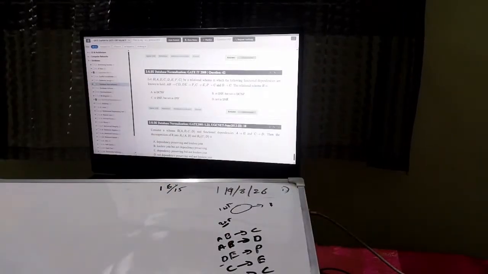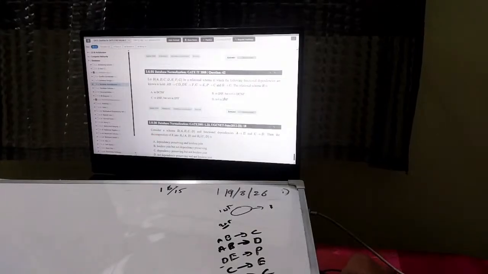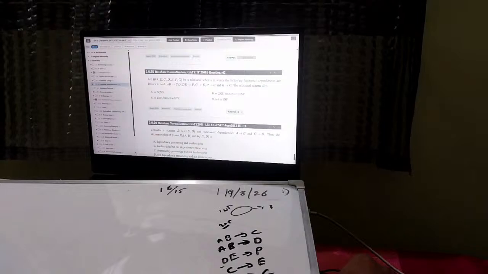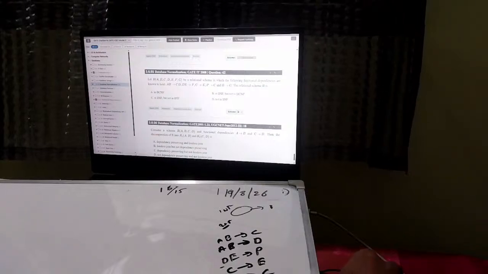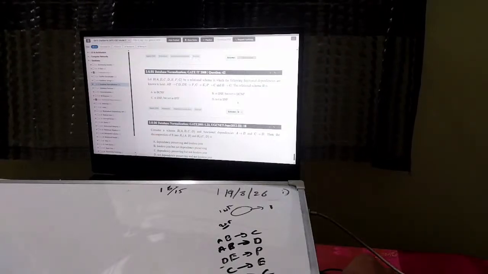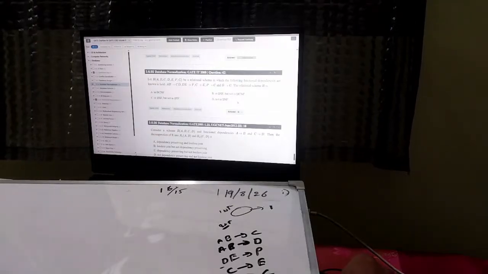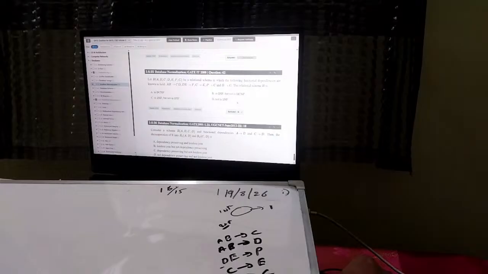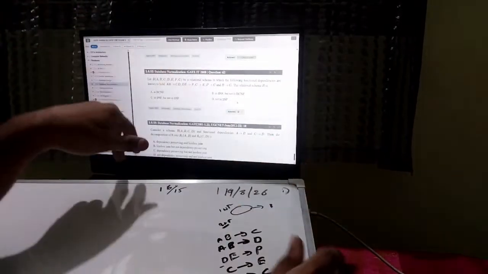No, I think it isn't 2NF. I think the option should not be D. Oh, what? Option is D. Not a 2NF. So where is that? Okay.